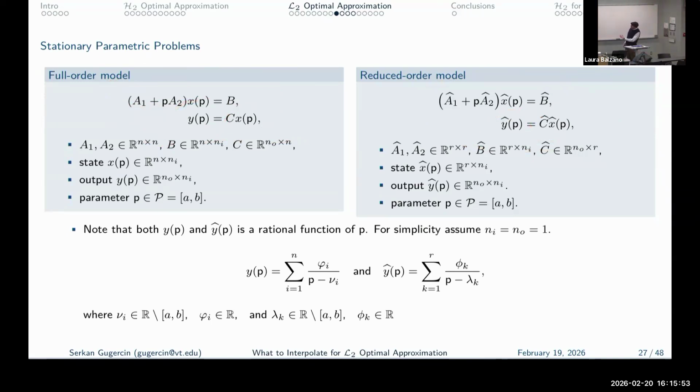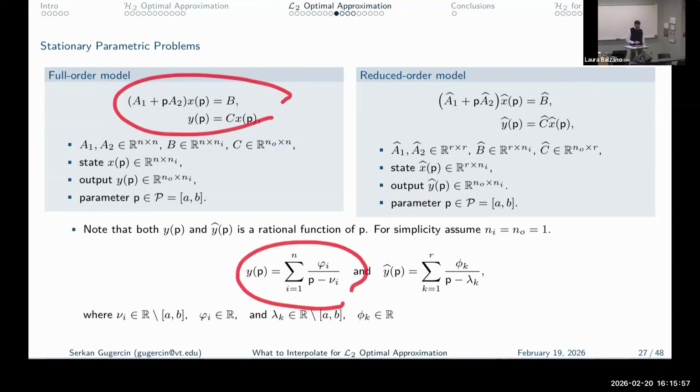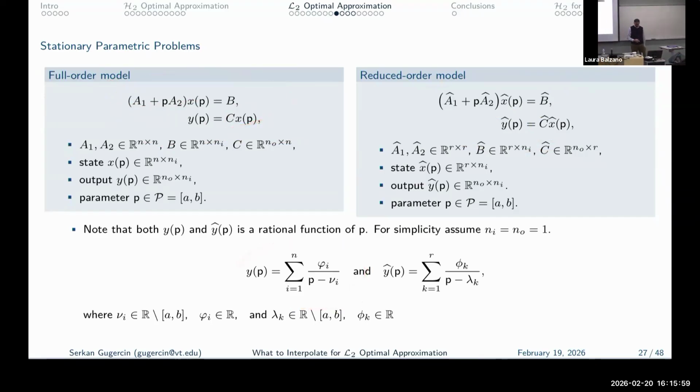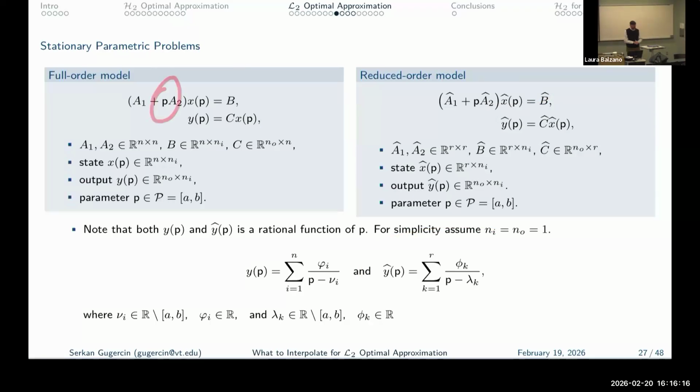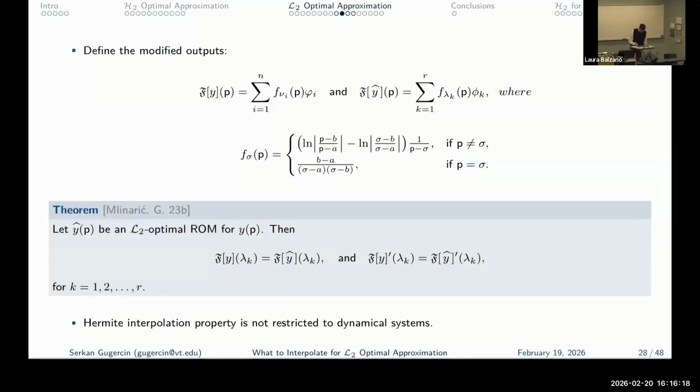It could be a stationary parametric problem, but if you solve for this, the output y is still a rational function in p. You might think, this is not a dynamical system, I don't need rational functions, but it appears naturally. So for my reduced model, I can have a rational function. In this case, my parameter is not frequency s. It's whatever parameter I have here.